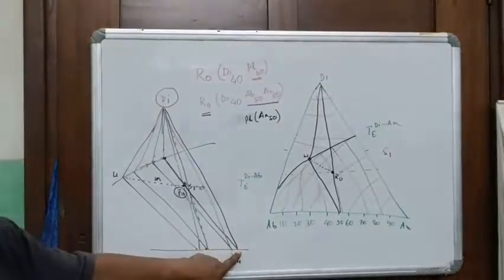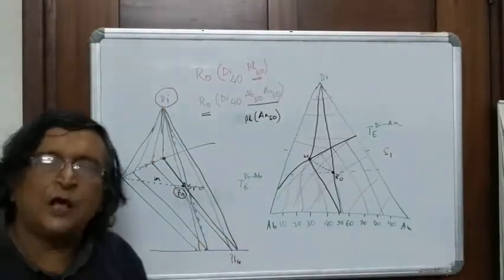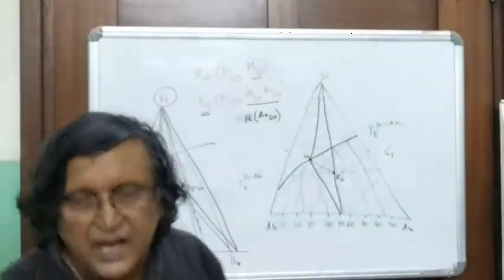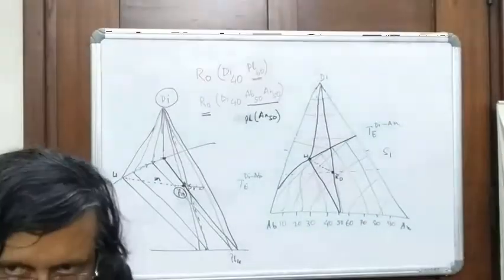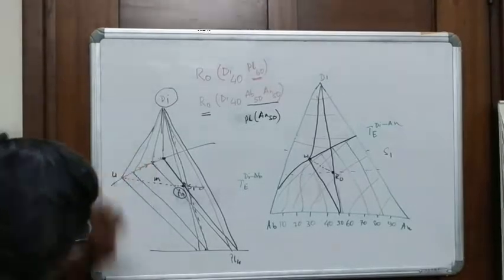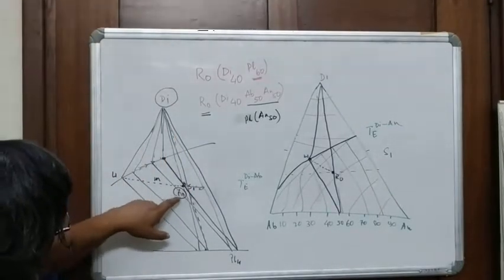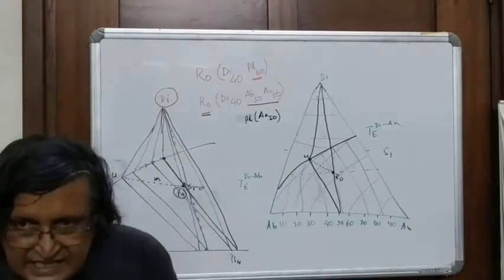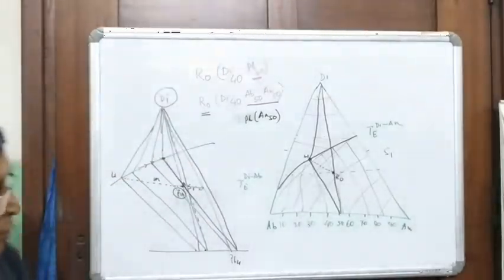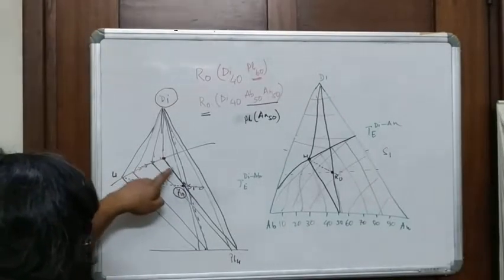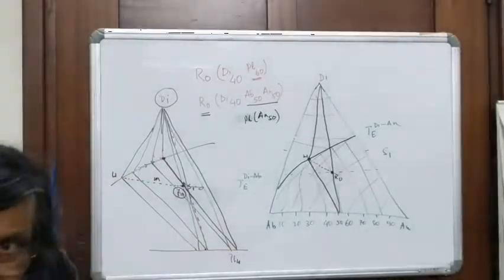So what has happened is, at this point, dioxide is completely exhausted. The last crystal is just being exhausted. Why? Because previously, the R0 composition was within the triangle. Now, the R0 composition lies on the binary of what?